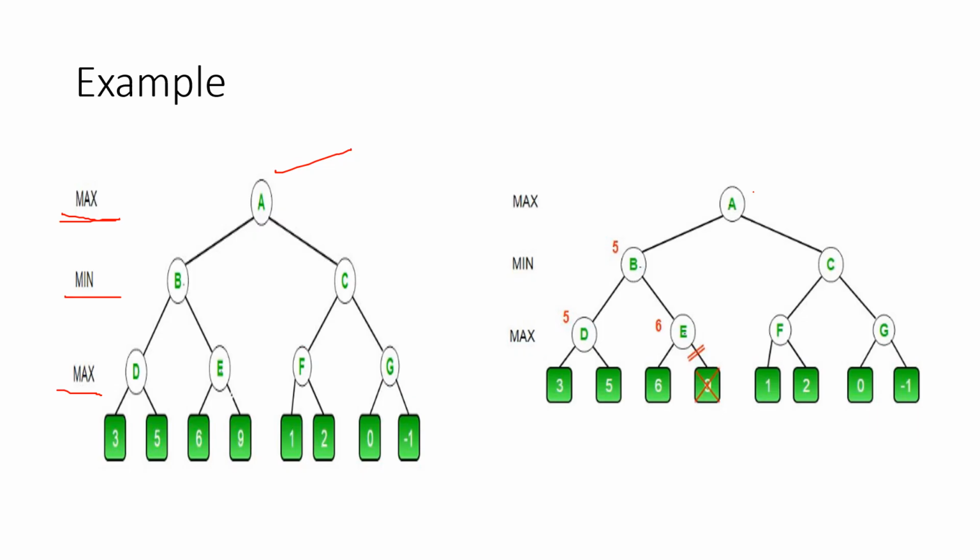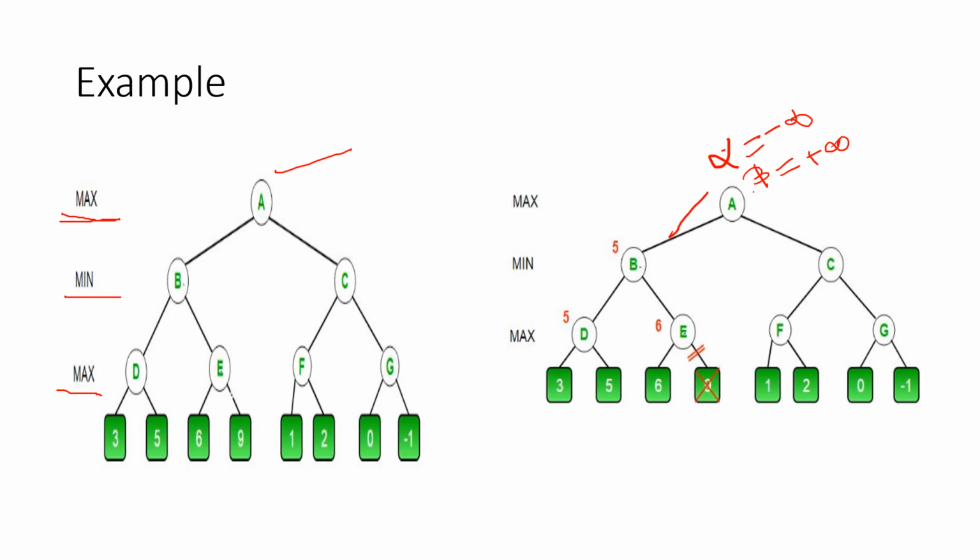So here at A, our initial condition is alpha is equal to minus infinity and beta is equal to plus infinity. This is always our initial condition at the root node, and these alpha and beta values will be propagated downwards.